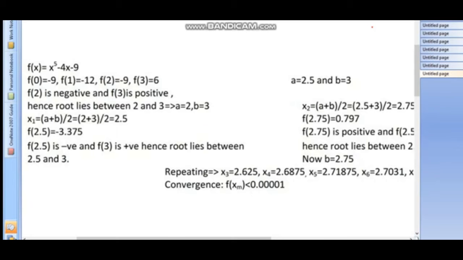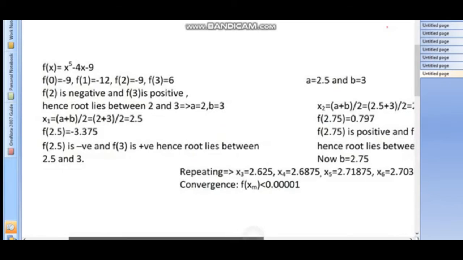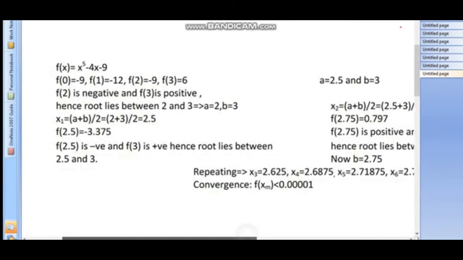Okay, let us consider an example for this bisection method. Let's consider an equation like this: f of x equal to x to the power 5 minus 4x minus 9.